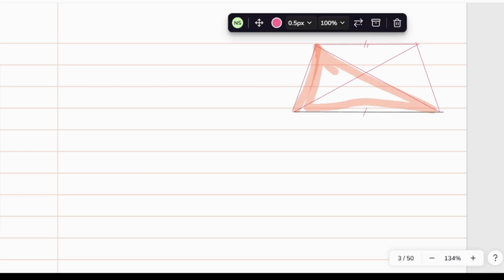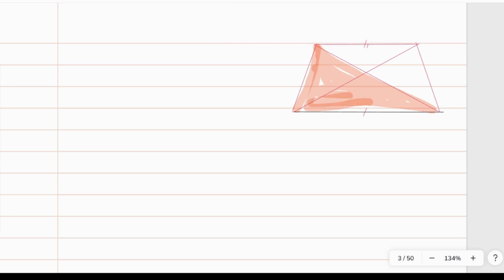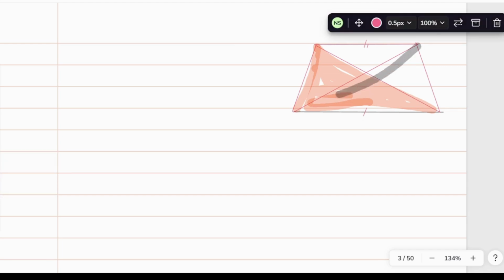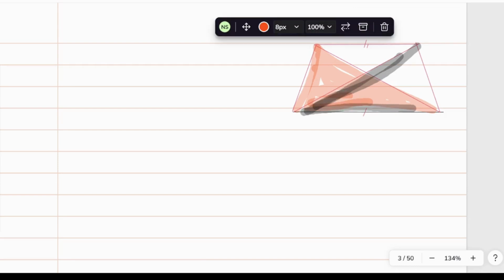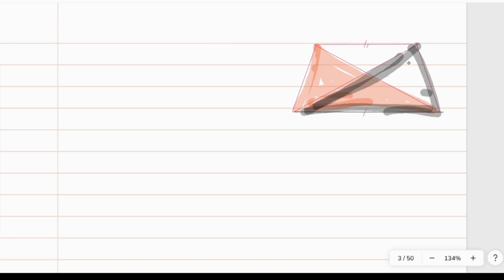Therefore, here I can write what? This area will be equal to which area? This triangle, because this triangle has the common base and lies between the same parallels. And here also you can see the next triangle, right? Which is sharing this common base, and these two triangles are between the same parallels, right? Now we can tell that these two triangles, triangle 1 and triangle 2, both have the same area.